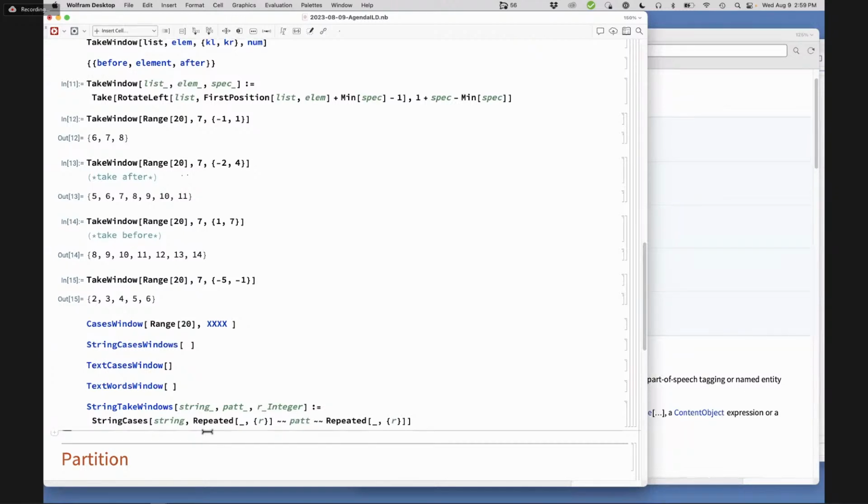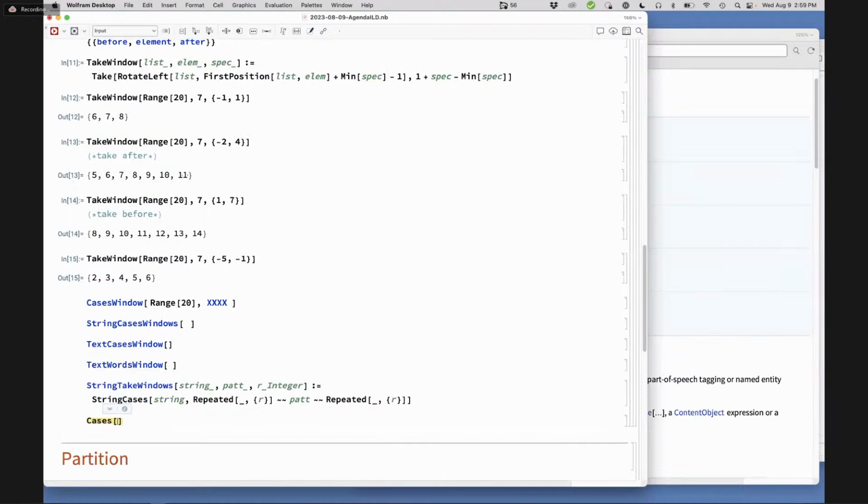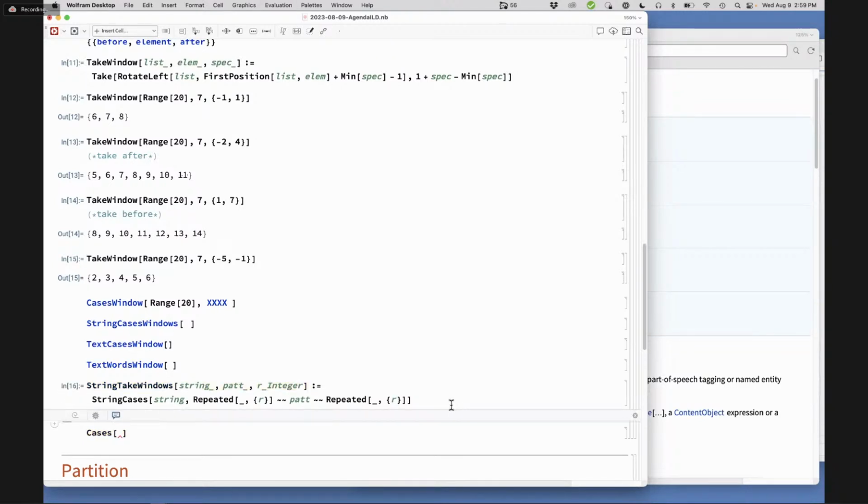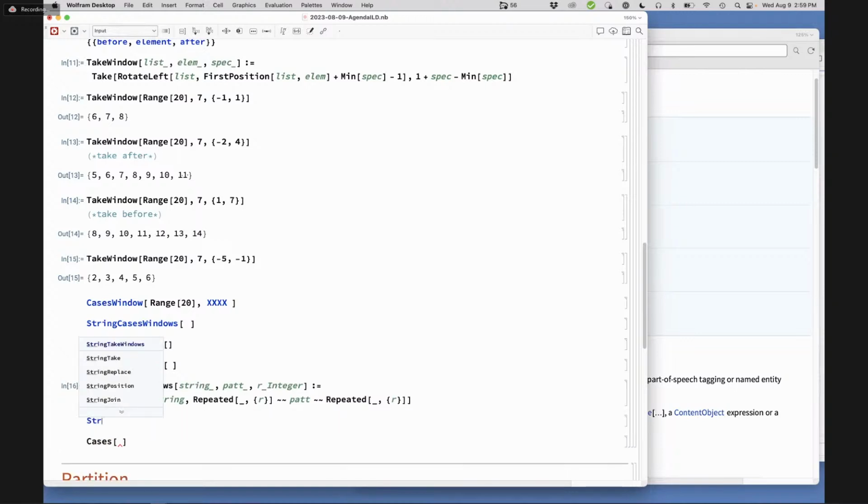Not for string cases, I guess, but cases where, well, to say what you were saying, yeah, I guess it's akin to what you have there with the repeated. Only supplying a rule so that what you return are the things surrounding pattern. I'm totally confused. The second argument to cases can be a rule.